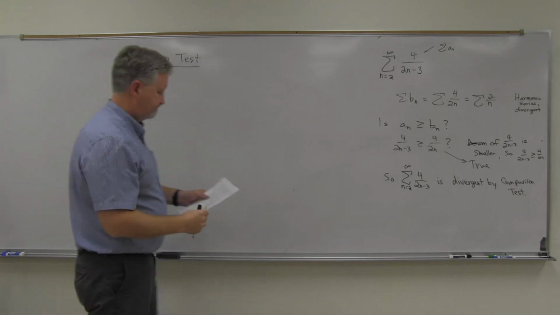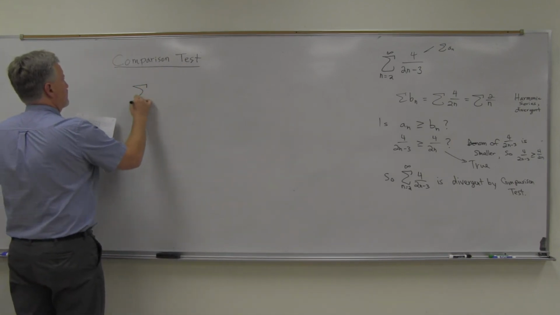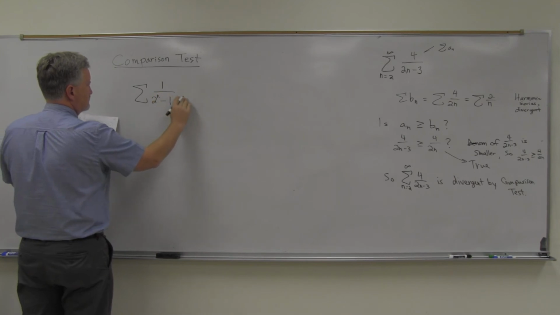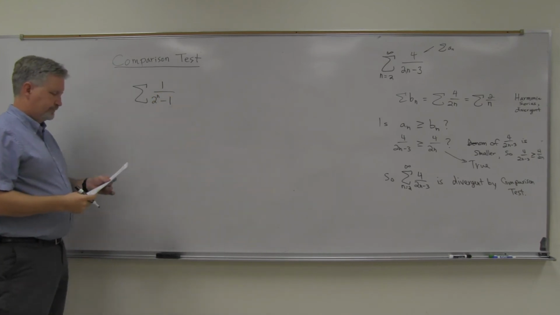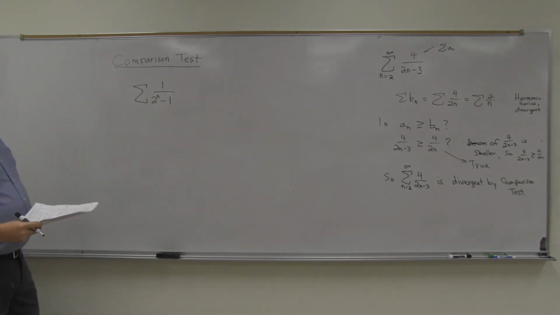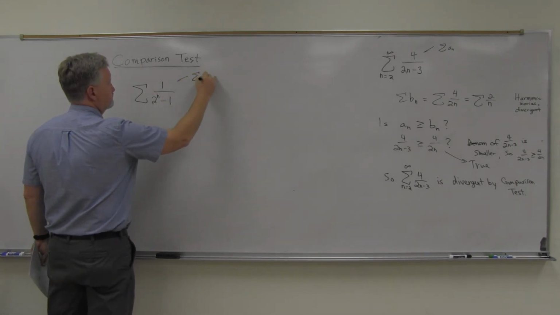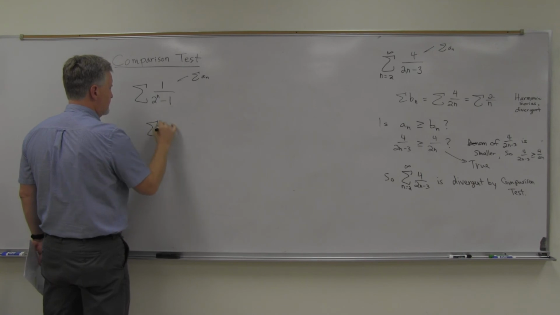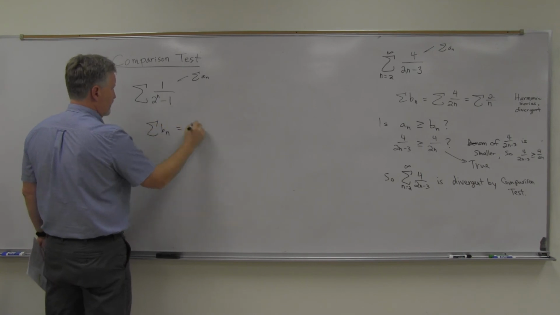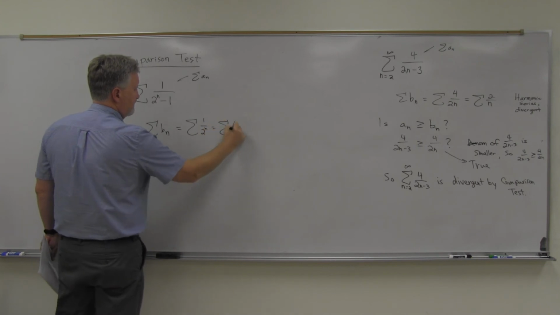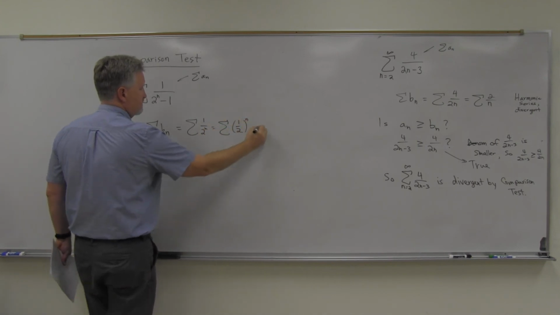Now look at this one. 1 over 2 to the n minus 1. So that's our a sub n series. The b sub n would be 1 over 2 to the n, which is 1/2 to the n. That's geometric.